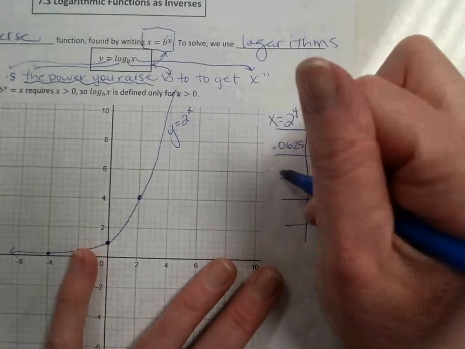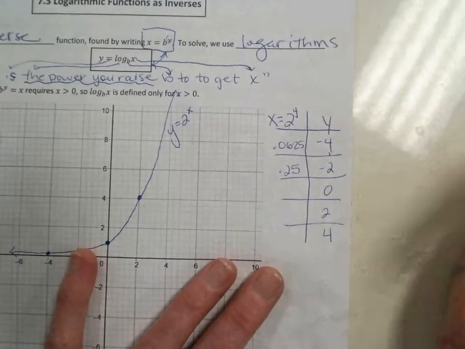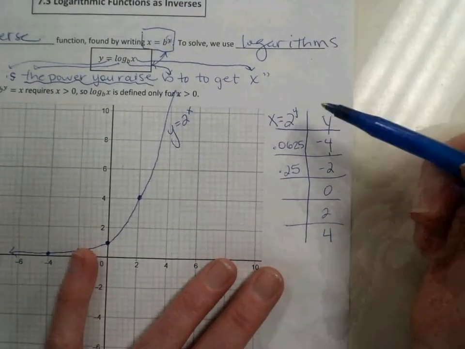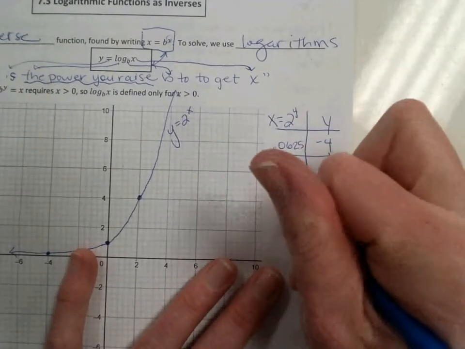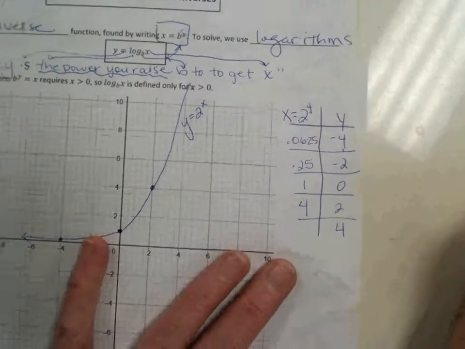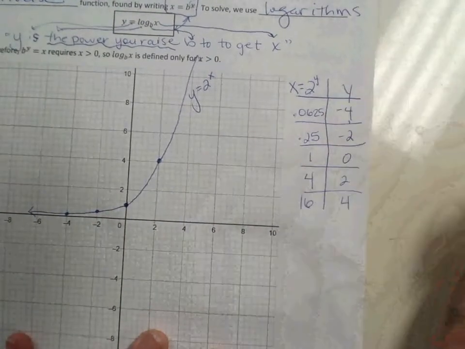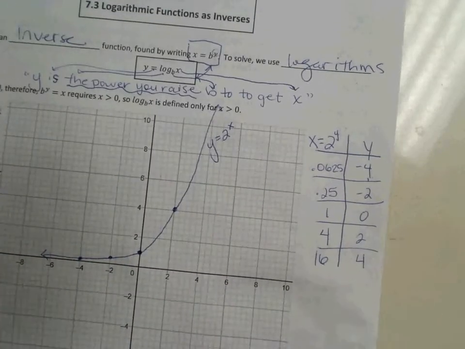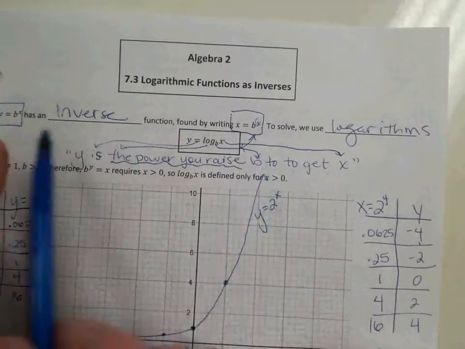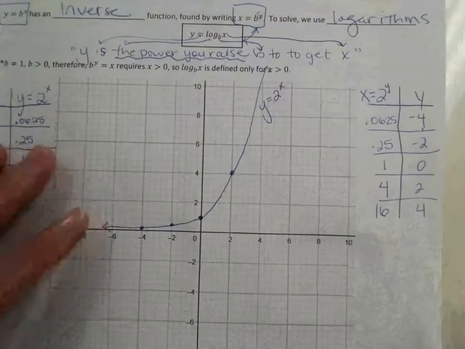We get 0.25. 2 to the 0 power. We get 1. 2 squared, 4. And 2 to the 4th, 16. So it is the same t-chart, only switched. The x's and y's are switched. Same thing as what we did with the equations themselves. We switched the x and y values.